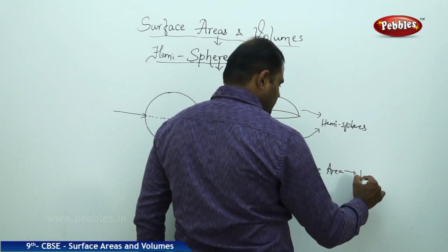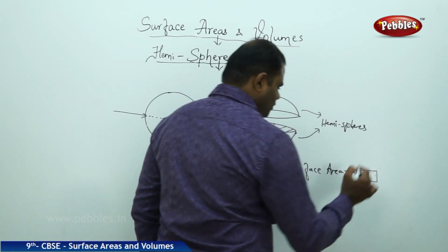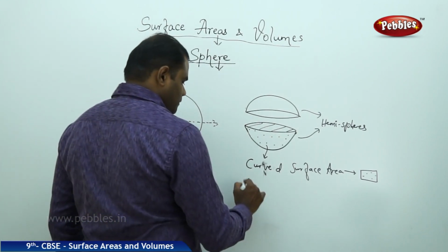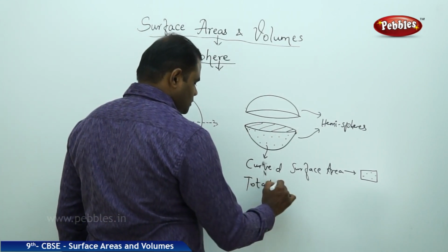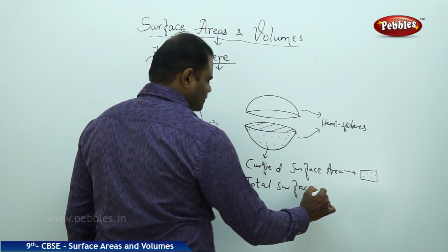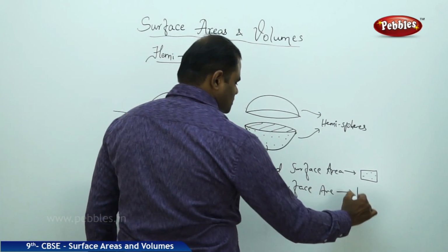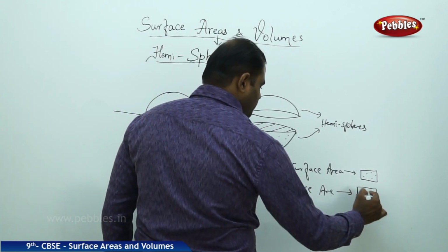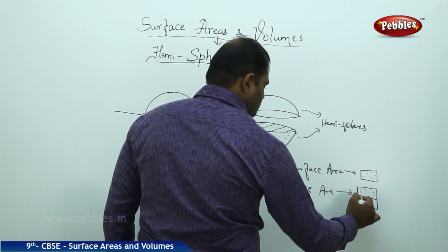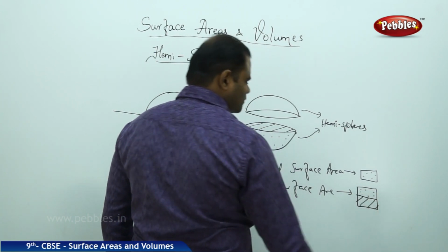So the curved surface area is the dotted region, and the total surface area is both the dotted region and the curved region.